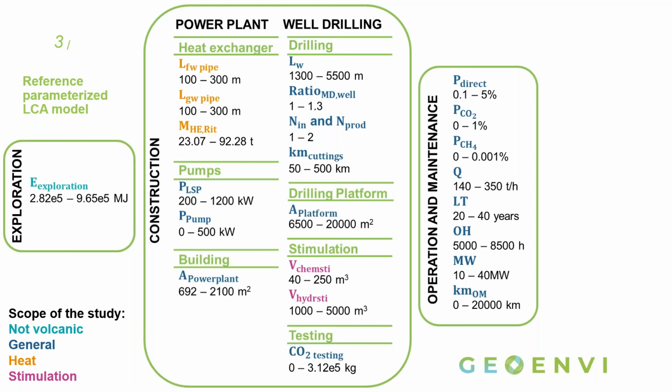And here it's also important to mention that the Rittershofen power plant, and in general these heat generating power plants, will require electricity to run the pump during operation and maintenance, so that the electricity requirements need to be accounted for and are directly dependent on the power of the pump. And because we want to have the impact in terms of kilowatt hour of heat produced, we also took into account the heat output of the plant.